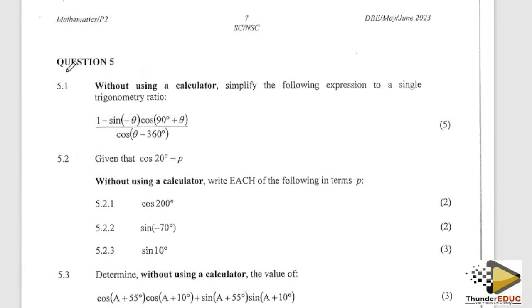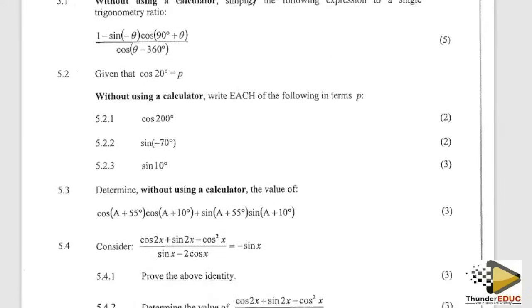All right, so with question number 5, they are telling us without using a calculator. Now we don't need to use a calculator in this. We just need to follow our identities. Okay, remember they want you to express this into a single trig ratio. So follow the identities of the reduction and all of that. Okay.